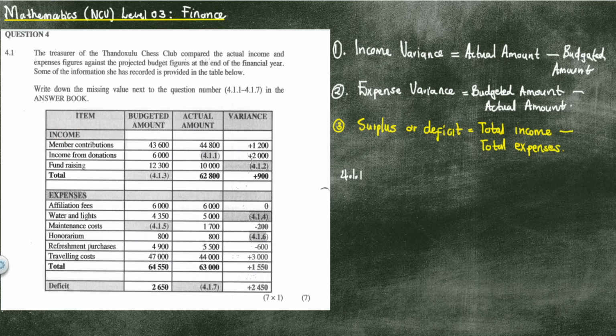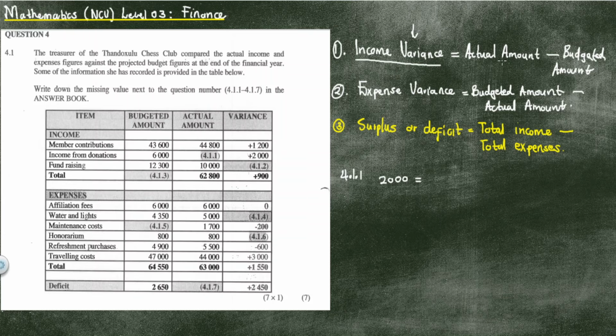So for 4.1.1, we can see that the variance is positive, and we are under the income part of the statement. So to get the positive 2,000 rand, we're going to make use of the income variance. We have an income variance of 2,000, which is positive.